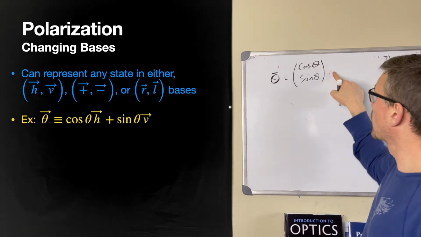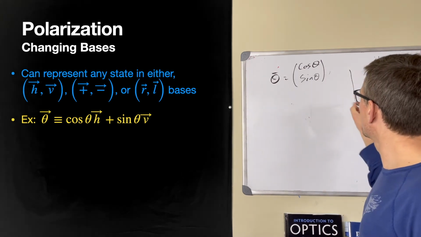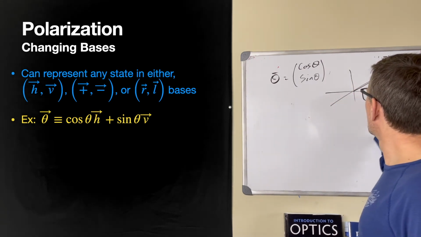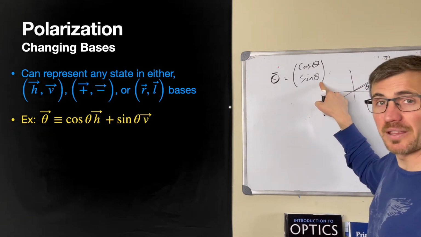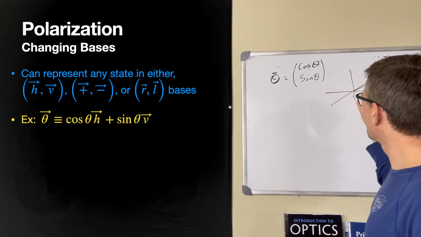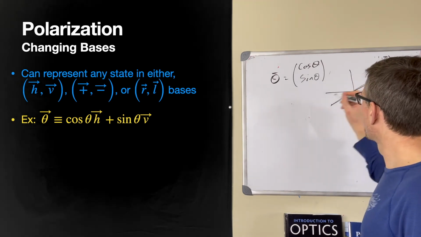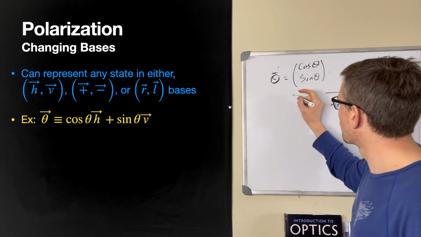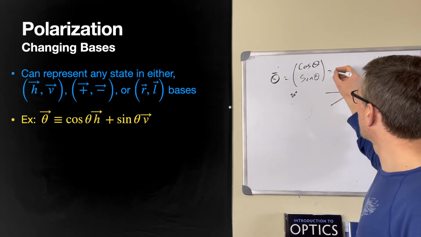So cos theta along x and sine theta along y. It's going to be some linearly polarized state. There's no e to the i phi here, so there's no phase between them. They're in phase, and the amplitudes are just related this way. So for example, let's choose 30 degrees. Cos of 30 degrees is root 3 over 2.